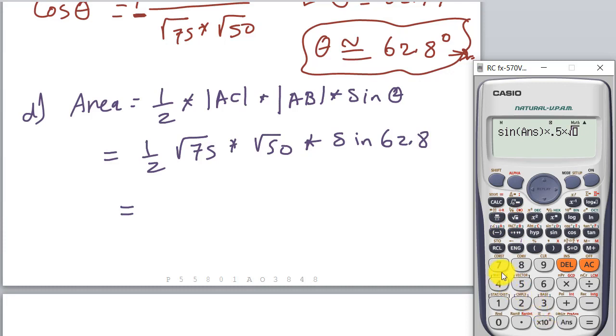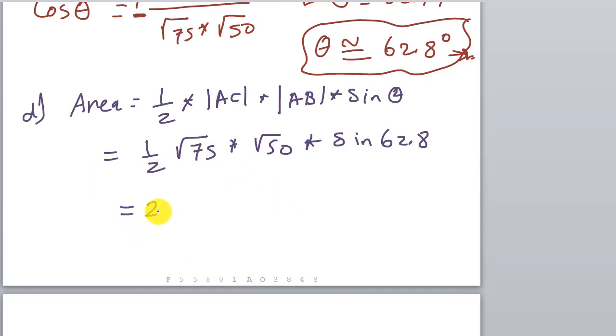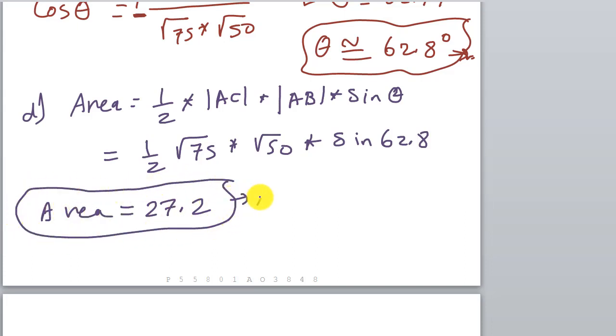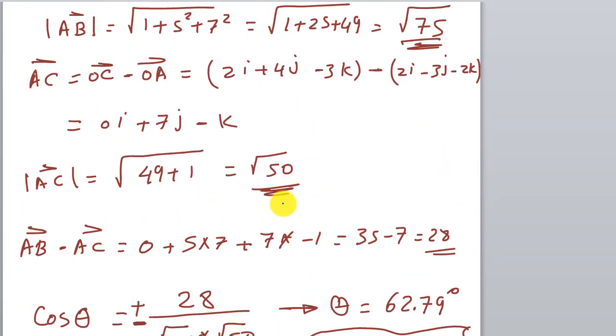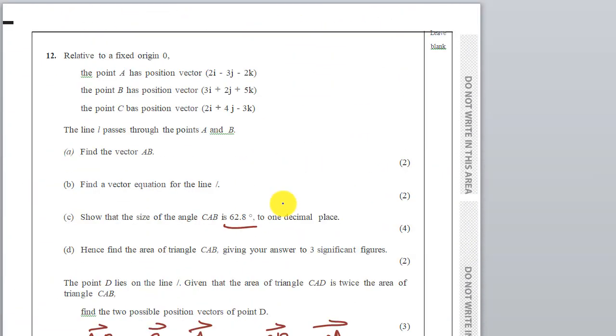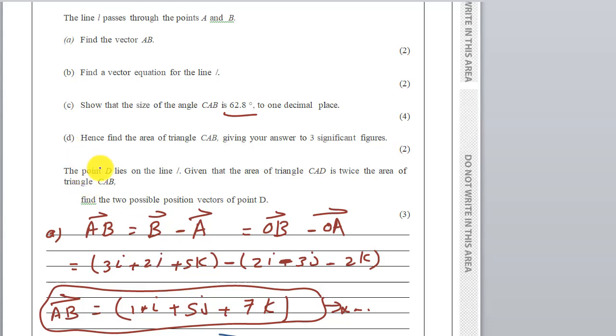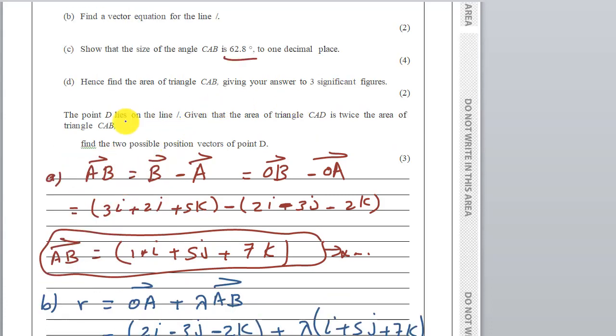So the area is equal to 27.2. Let us go ahead to another part. So 3 significant figures, so 27.2, right.